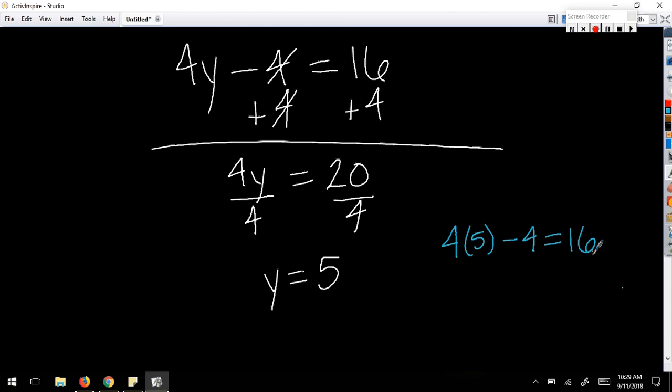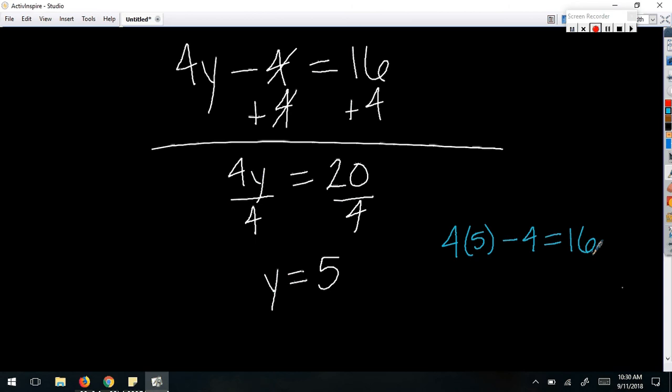What do I do first? The multiplication. You're right. Don't get confused, because when we're solving, we're backwards; when we're simplifying, we're PEMDAS. So 20 minus 4 is 16. Does 16 equal 16? Yes.